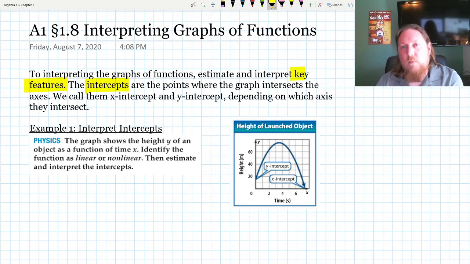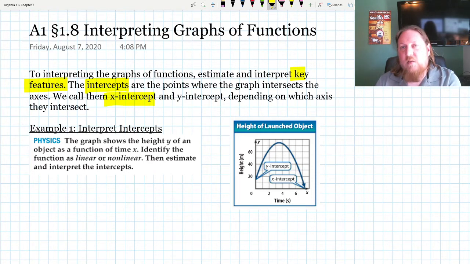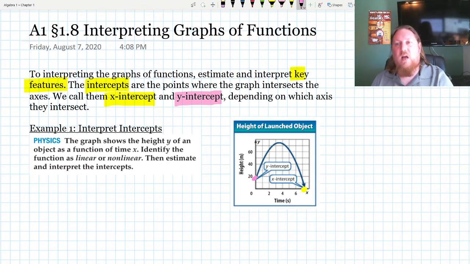Intercepts are where it crosses one of the axes. Those are very important. And we have more, but we're going to talk about intercepts right now. The x-intercept is where it crosses the x-axis. The y-intercept is where it crosses the y-axis. So you can see I highlighted them there on the problem just to get started.